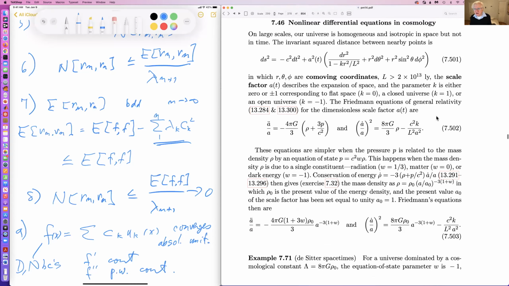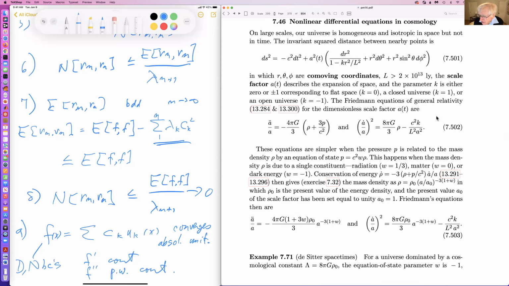Now, in cosmology, of course, you also have nonlinear partial differential equations, but it turns out that in many cases they're a lot simpler than one would think. In particular, what's been noticed by astronomers over the past 50 years or so is that on large scales, the universe is homogeneous and isotropic in space, but not in time.